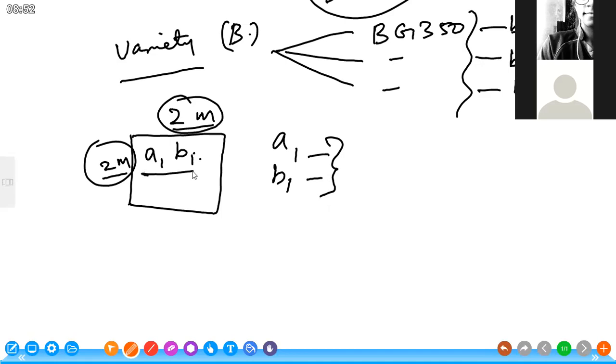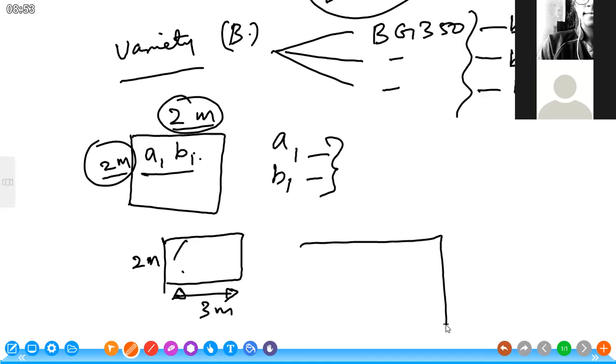If you park the tractor, it may need roughly 3 meter at least, 2 meter just to park the tractor. Now the tractor has to move and do the tillage, so we need a large plot. Let's say this is 10 meter as an example.